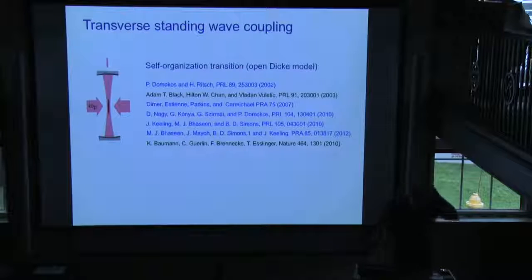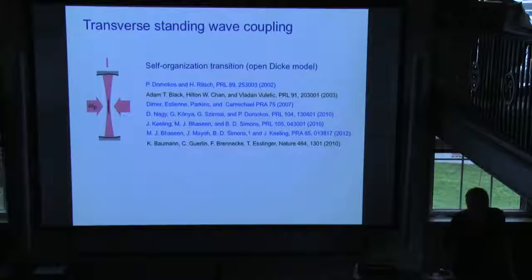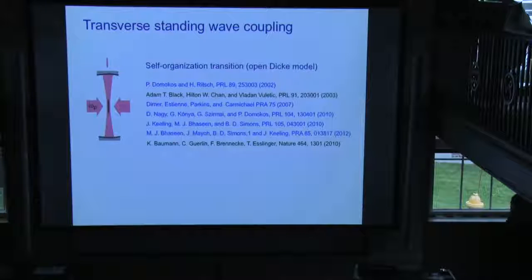Okay, so now let's go to the transverse standing wave coupling, and a lot has been said about that by many people. I'm not able to note all the people who've contributed here, especially on the theory side. There are many interesting theory papers about the system.